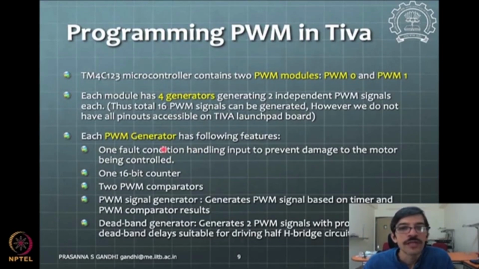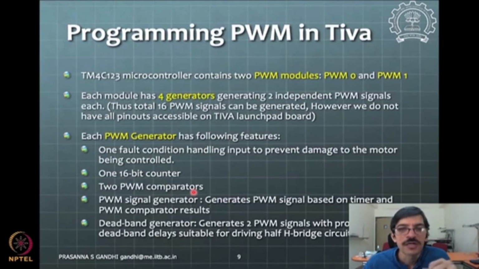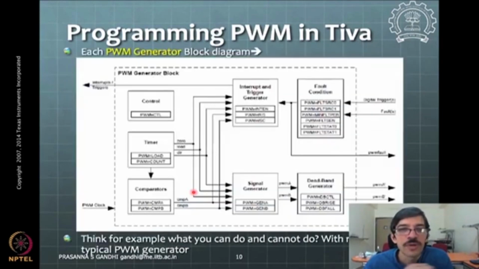Okay, so then each PWM generator has all these kinds of features. You can read through these and see if these things make sense. So how do you make sense of these things? To make sense of some of these write-ups or functionality details, you need to refer to the block diagram.